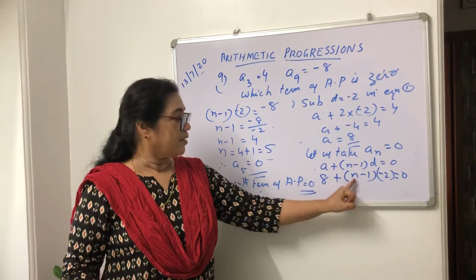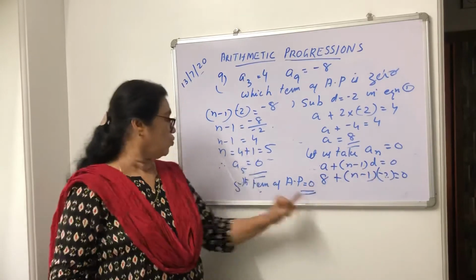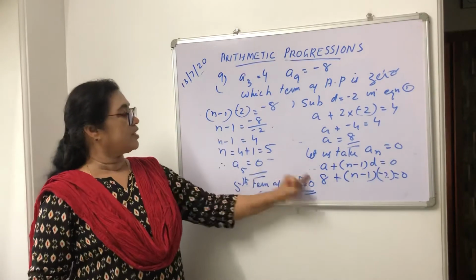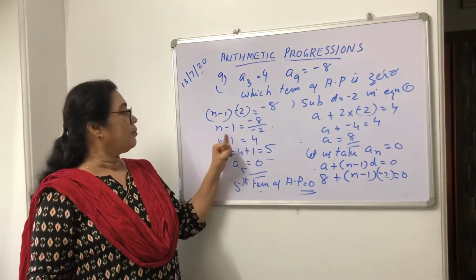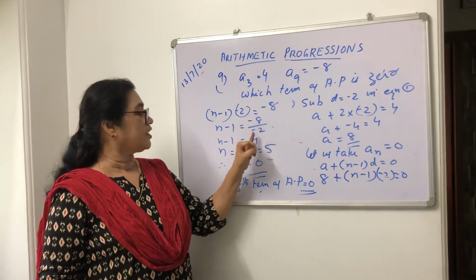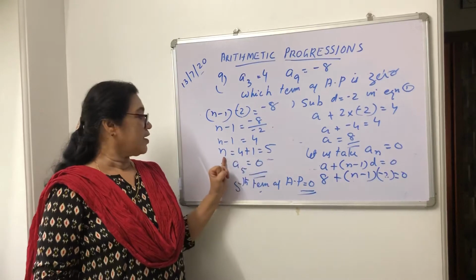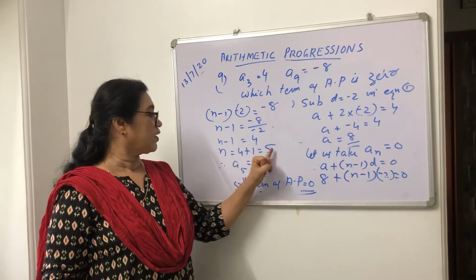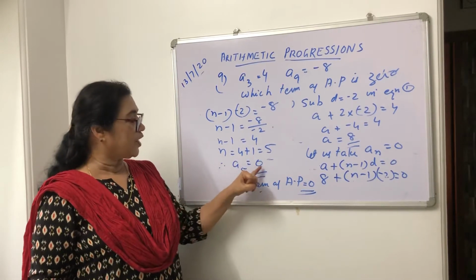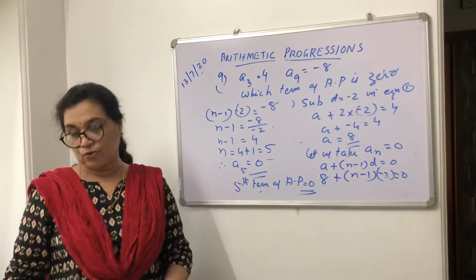Substituted here. N minus 1 into minus 2, the 8 comes to this side. Then N minus 1 is equal to minus 8 by minus 2 is 4. Then minus 1 goes to this side, N is equal to 4 plus 1 is 5. Then the fifth term of the AP is 0.